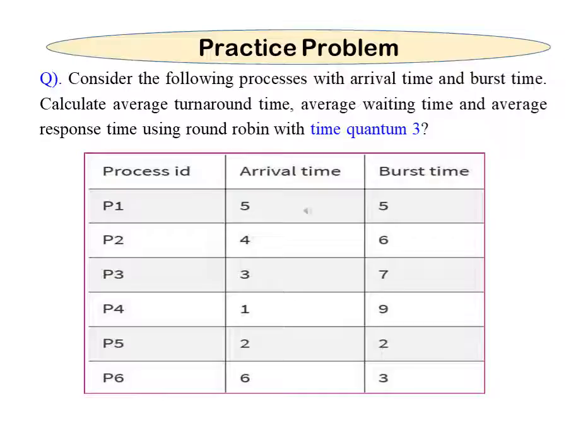So here the practice problems are given. There are 6 processes, P1, P2, P3, P4, P5, P6. The arrival times and burst times are also given here. Students, solve these problems. I am waiting for the answer.